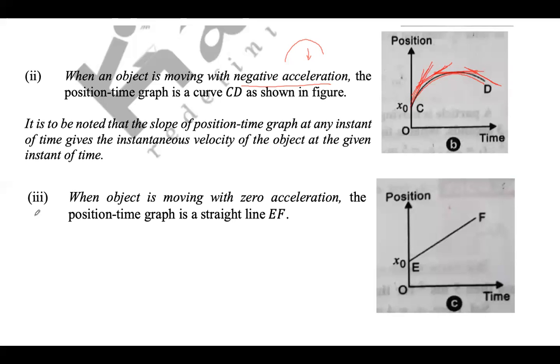Now, third point, when an object is moving with zero acceleration. When the object is moving with zero acceleration, the position time graph is a straight line EF. So this is the position time graph.